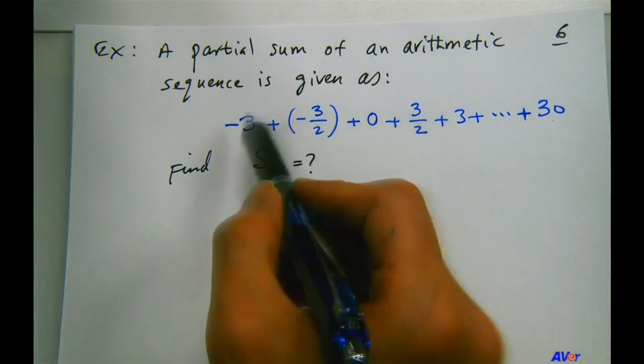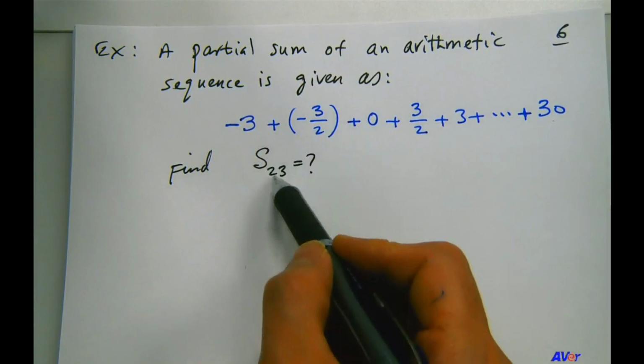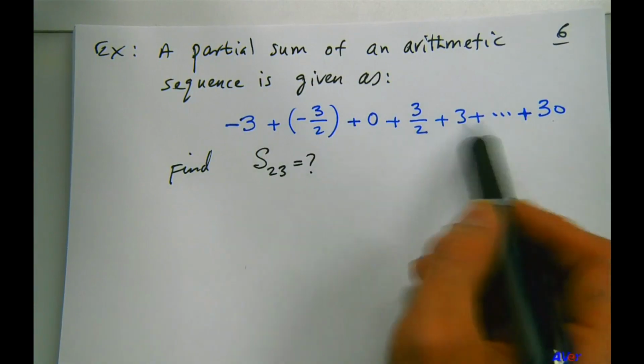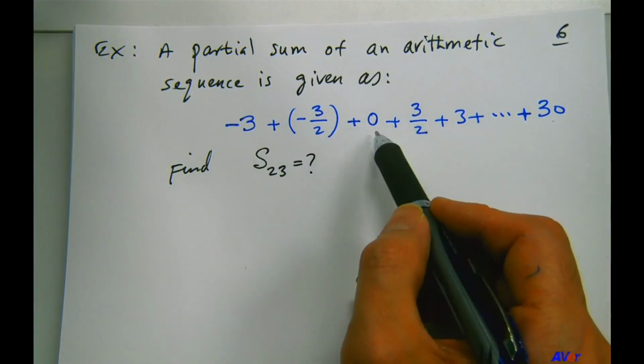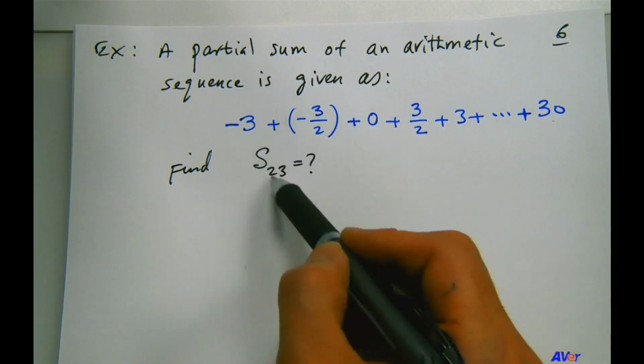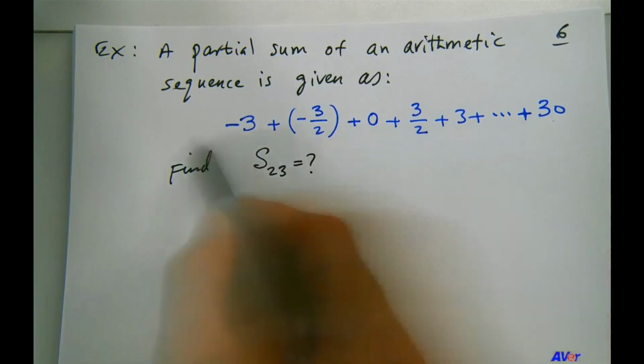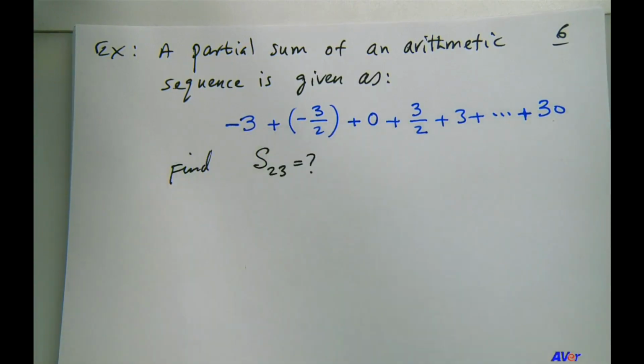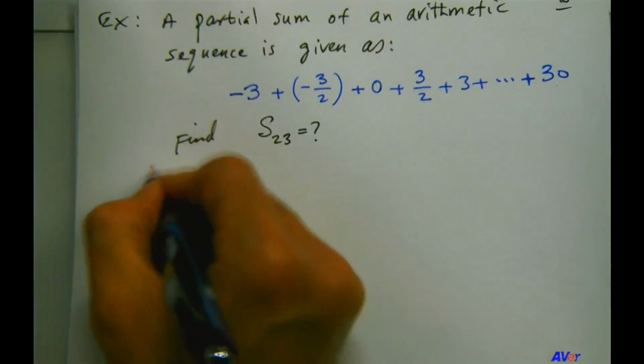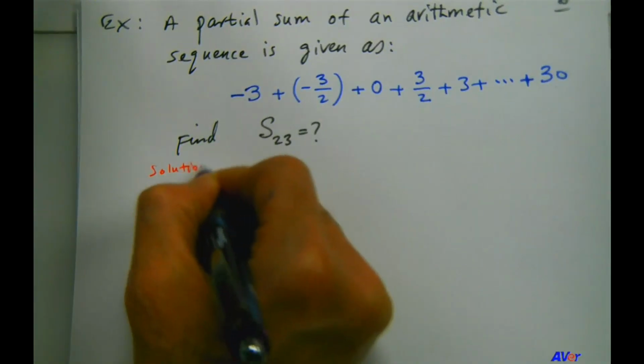This is from here to here, it has to be 23 digits. We're not given all the terms in this partial sum, but we're looking for the partial sum of this arithmetic sequence. Okay, so what are the two formulas that we have to work with? Let's write those down first. So solution.